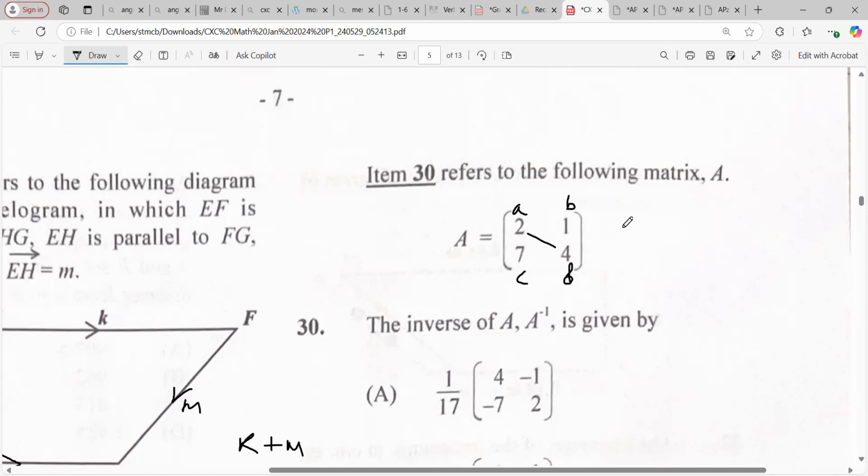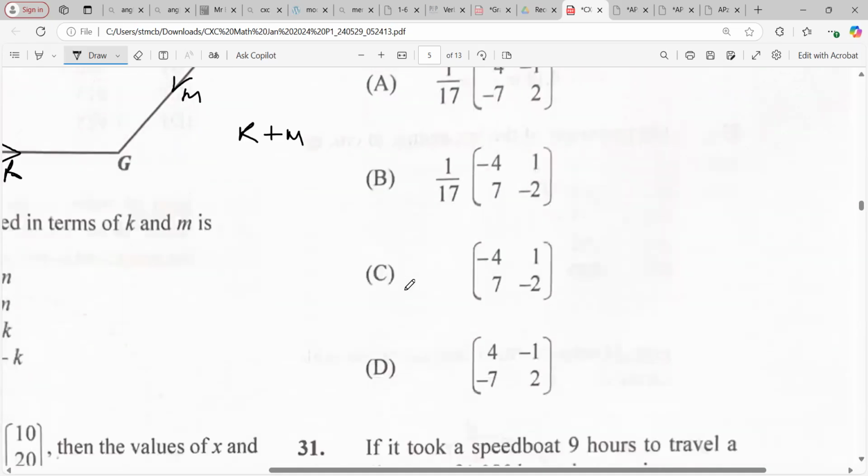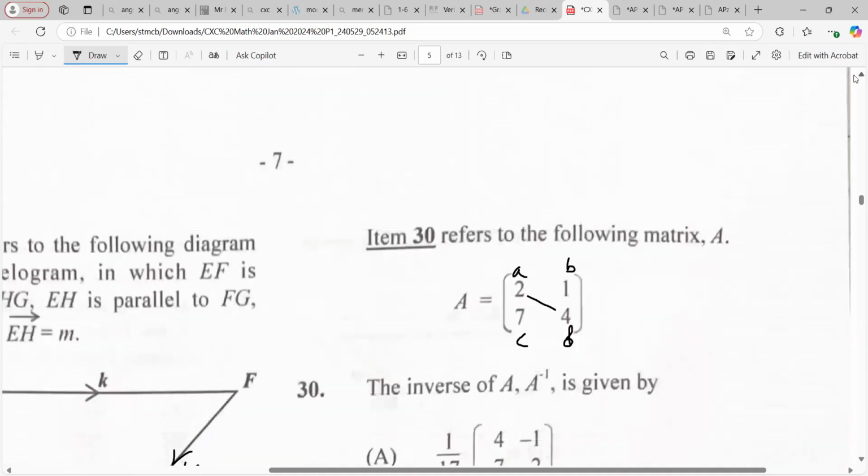So it's 2 times 4 is 8 minus 1 times 7, which is 1. So this becomes 1 over 1, because 2 times 4 is 8 minus 1 times 7.